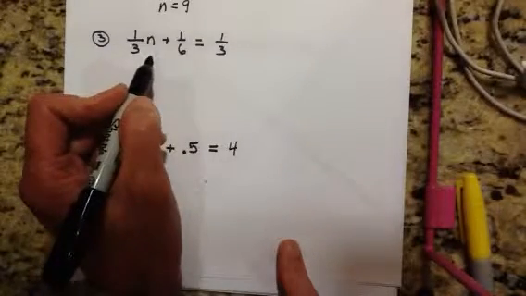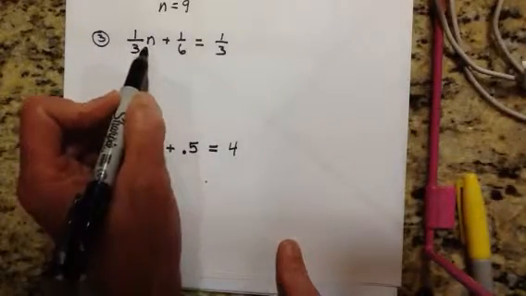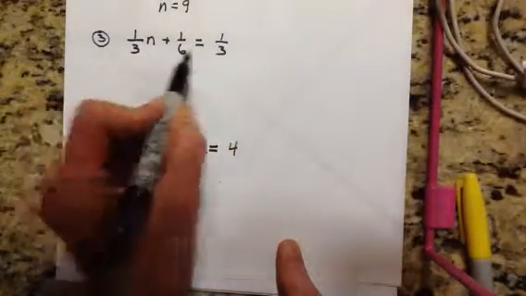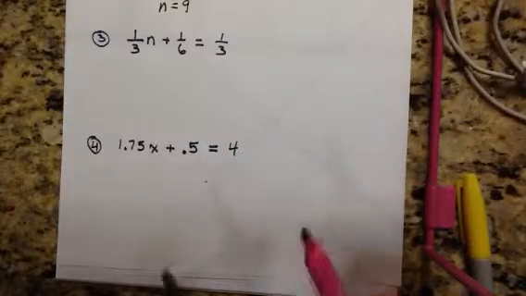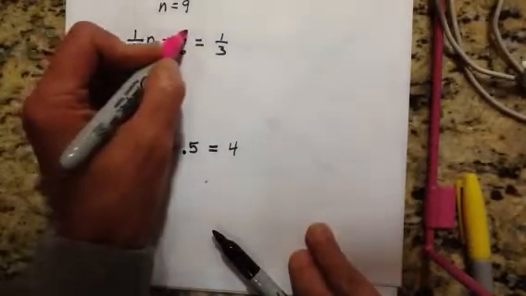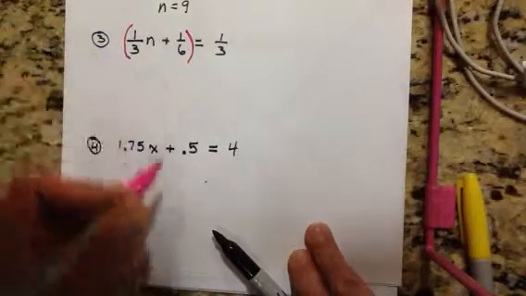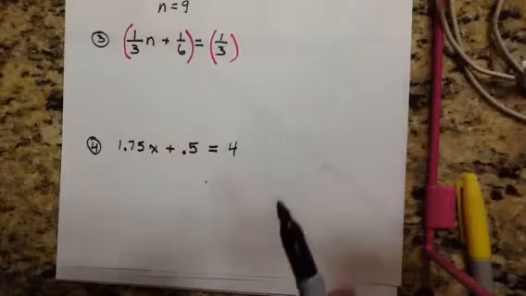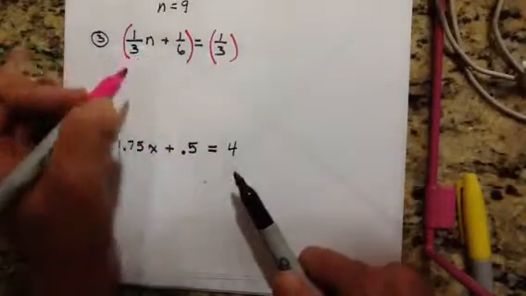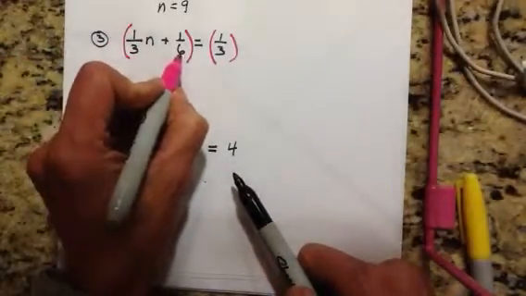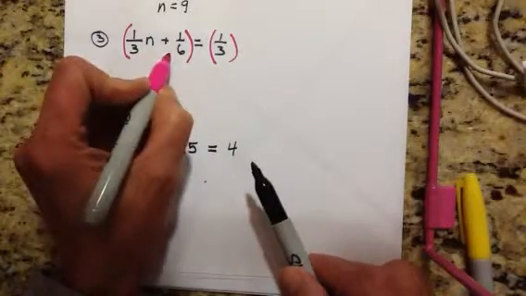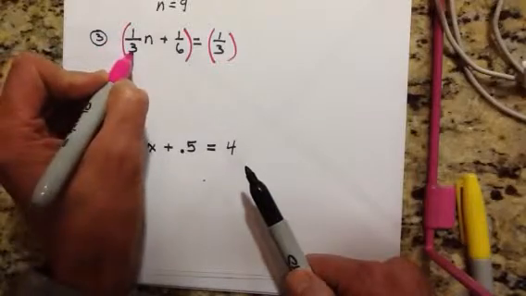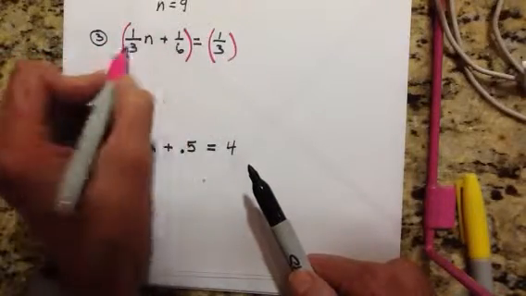This is an example of an equation that has more than one fraction and more than one denominator. So another technique is getting rid of the fractions by multiplying through both sides with a whole number, and that whole number is determined by the least common multiple of 3 and 6, since those are our denominators.